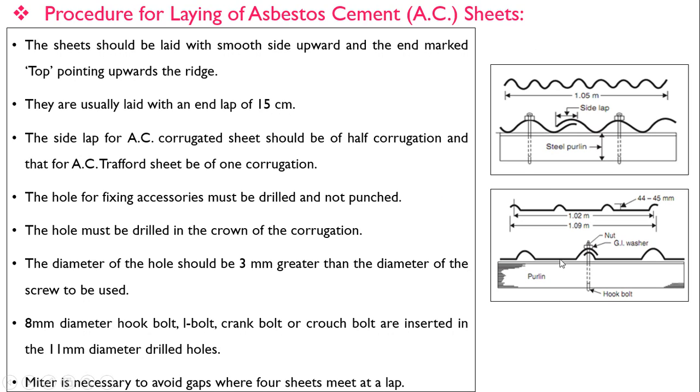So while fixing one sheet to another sheet as well as to the purlin, the drilling or nailing should be done on the crown of corrugation, not here. This is the right process of fixing the screw to the sheet and purlin. It should be fixed on the crown of corrugation.